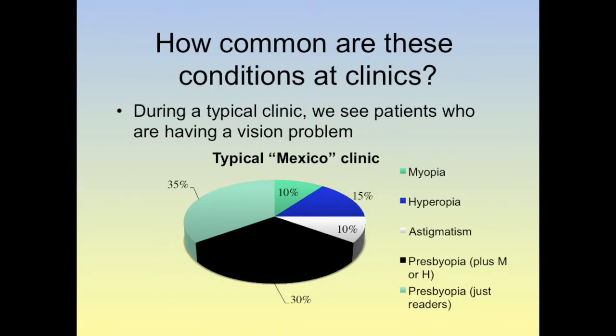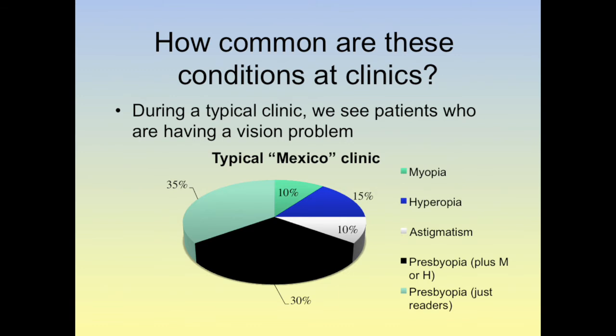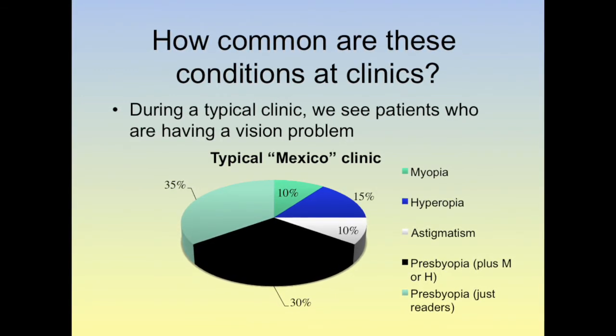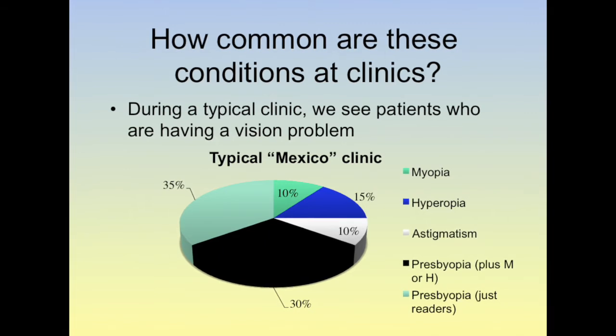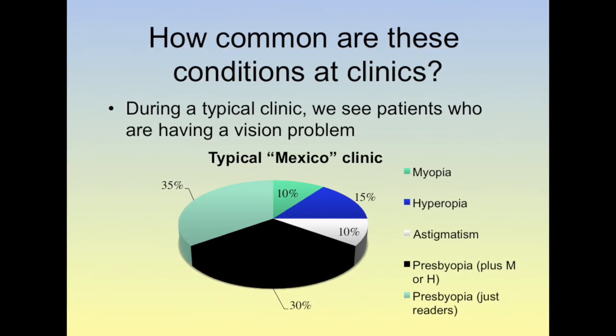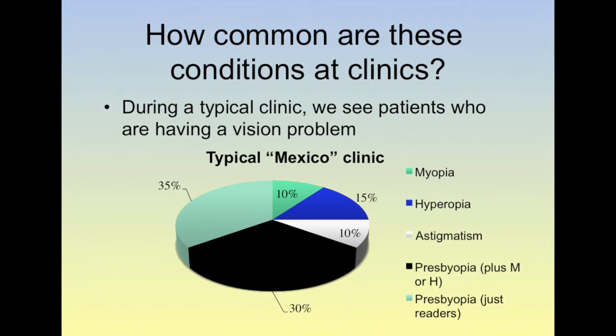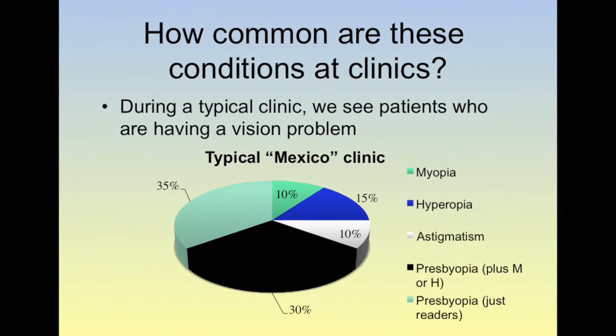And how common are these conditions? Well, if you take the world as a whole, having hyperopia, myopia, presbyopia or astigmatism is actually a small percentage. But if you think about a clinic where patients come to get care, you're going to see a lot of presbyopes. So in the chart that I'm showing, about 65% of the patients that come in are going to be presbyopes.